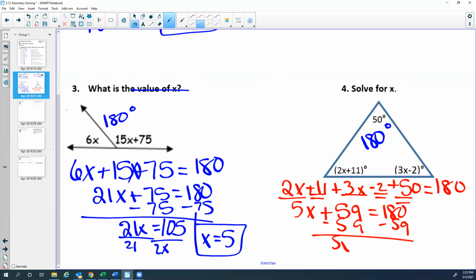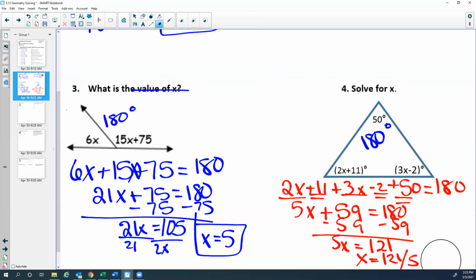Now I get 5X equals 121. When I divide everything by 5, I get X equals 121 over 5, which is 24.2 as a decimal.